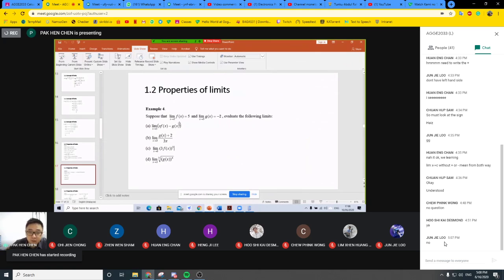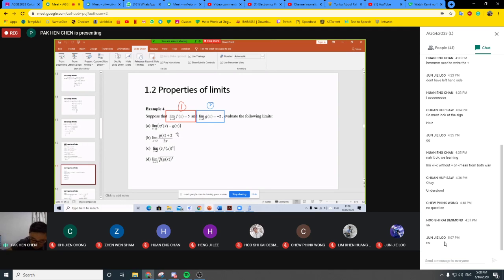For this kind of question, you have to write the terms given in the question. If the question gives us a limit of f(x) as well as the limit of g(x), that will be our first and second condition.